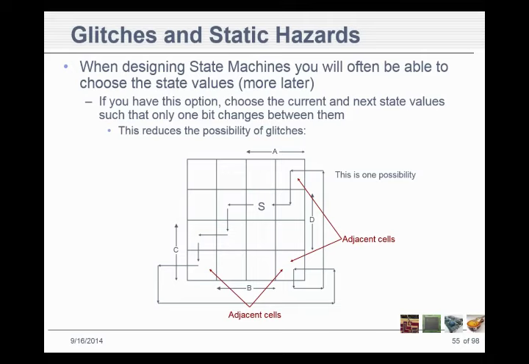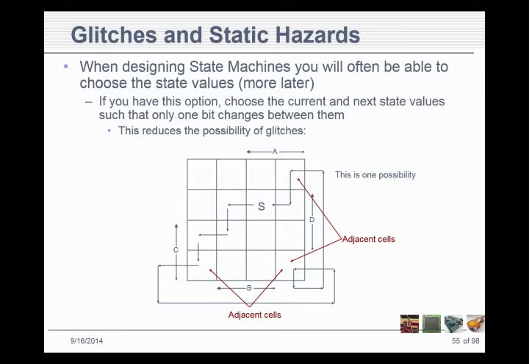We're at 5. 0101. That's 5. To go to 7, that's 0111. We only changed one bit. To go over once is only changing one bit. To come down again is changing one bit. To go from the lower left over to here, those are adjacent cells. We only change one bit. In fact, that's one way that you can verify that they're adjacent cells.